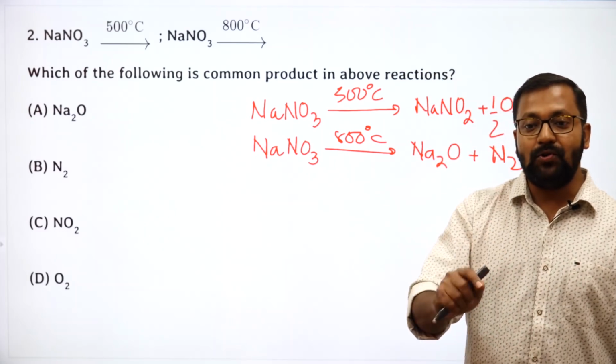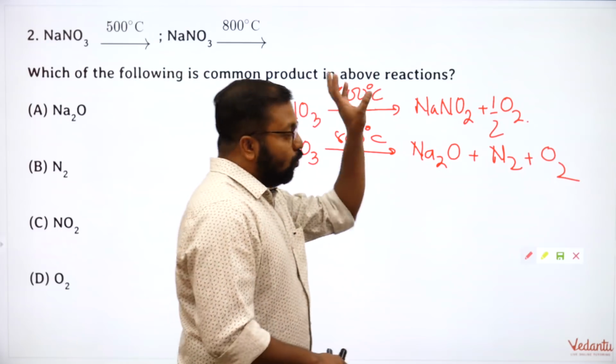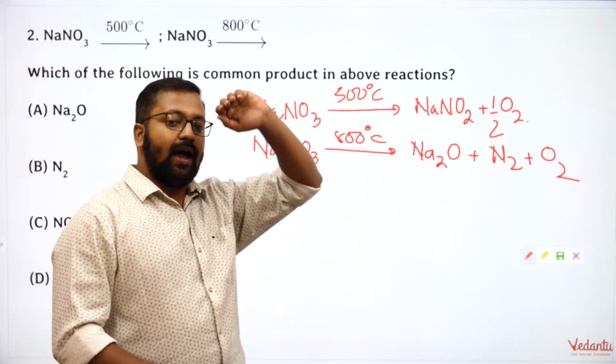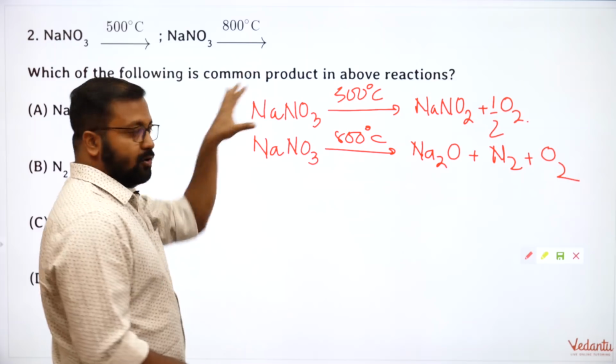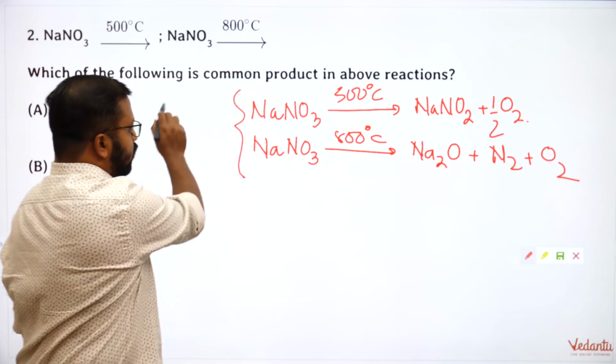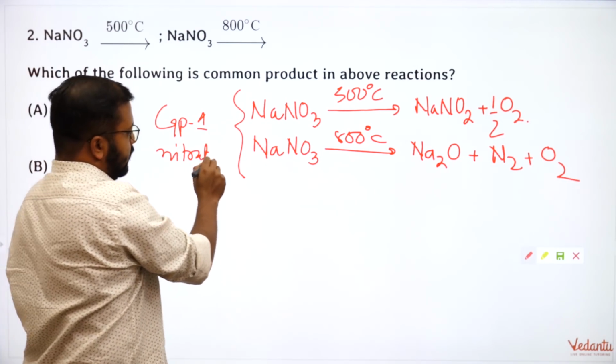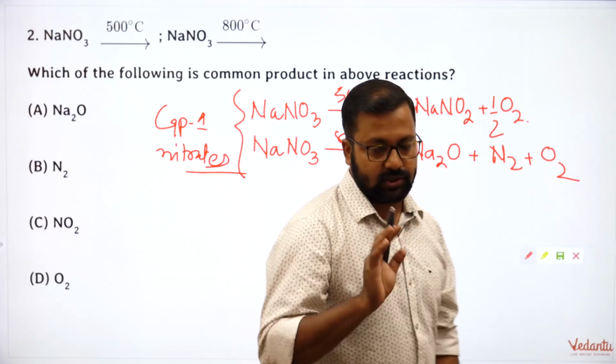So it is important to know that nitrates can produce N2 only if they are being heated at a higher temperature, that is around 800 and above. And this is a feature for group 1 nitrates. So please do remember this.